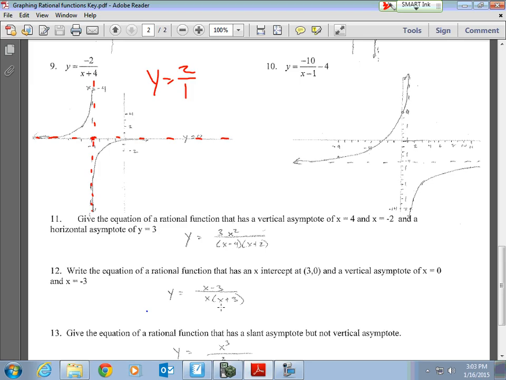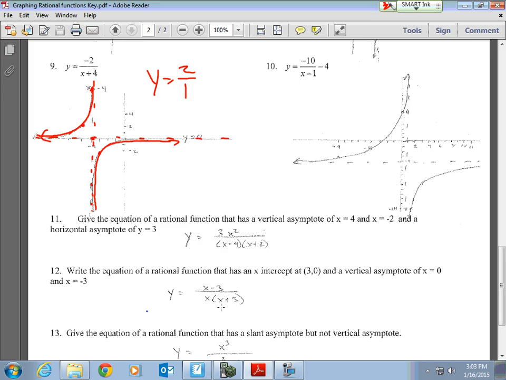So when x is 1, instead of going up 2, I'll go down 2. If I went over 2, I would go down 1 and sketch a graph. Same logic. If I go left 1, I'll go up instead of down. And if I go left 2, I'll go up 1 instead of down. And there's my new curve.